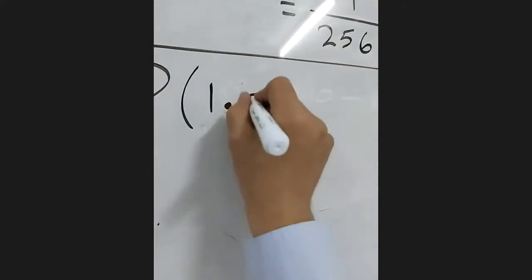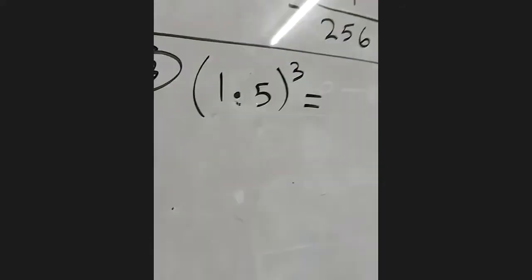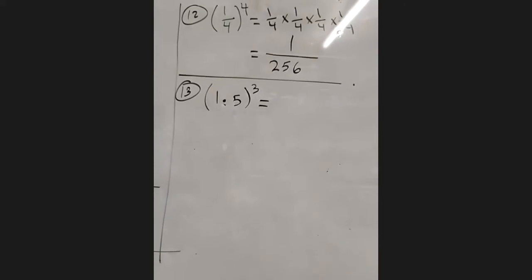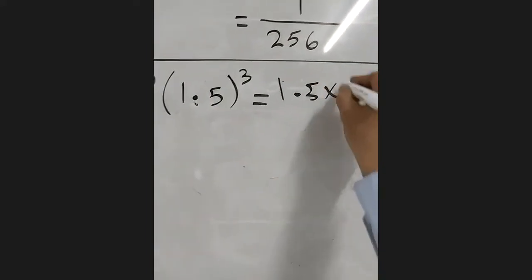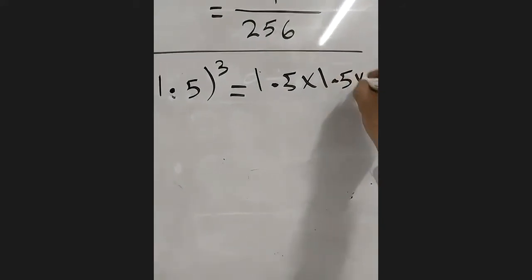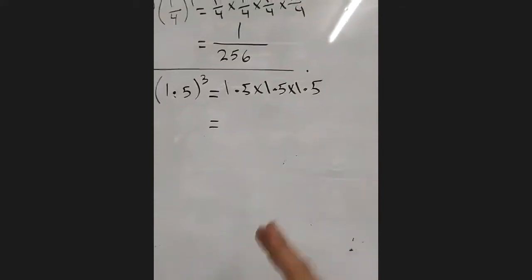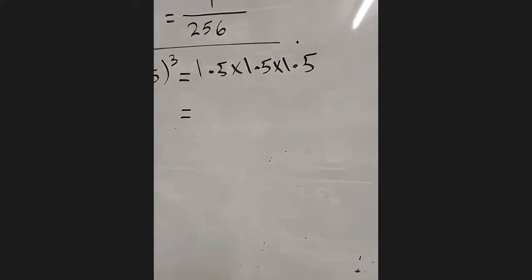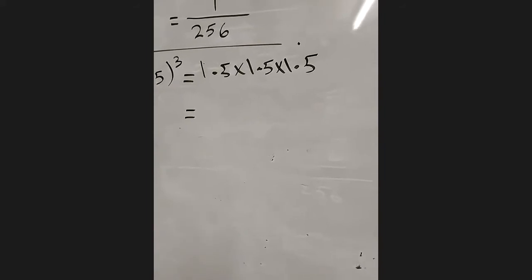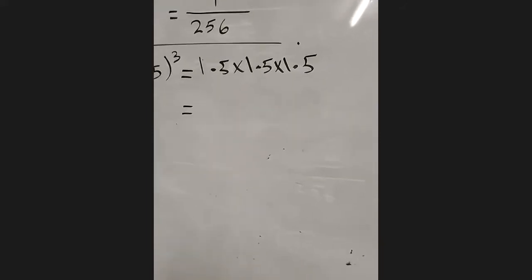Now here, it's 1.5 to the power of 3. We will do 1.5 multiply 1.5 multiply 1.5, 3 times. Now, what will we multiply, Muhammad? 15 multiply 15 multiply 15.